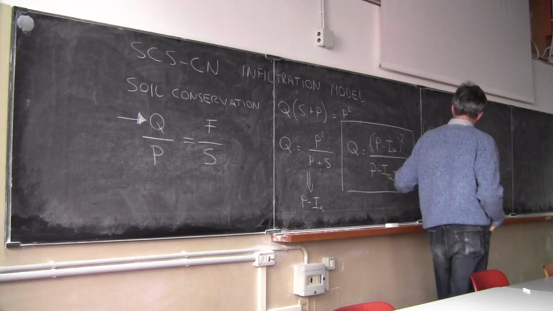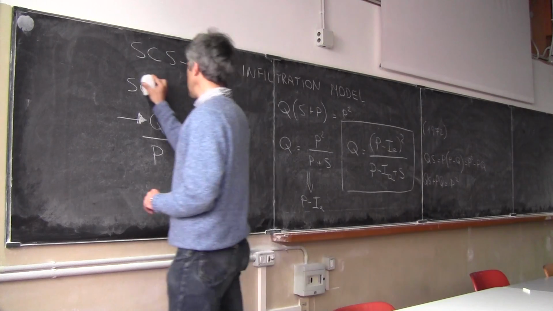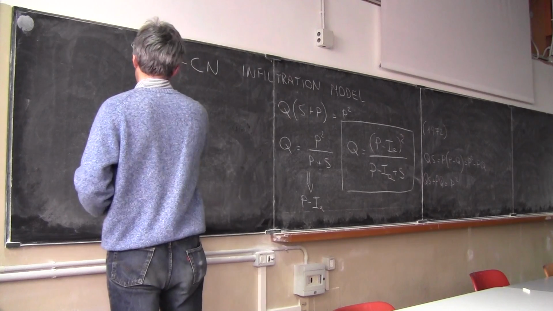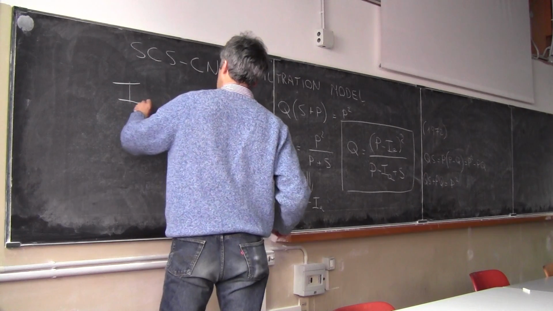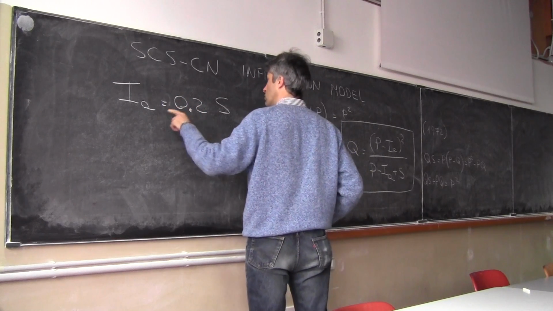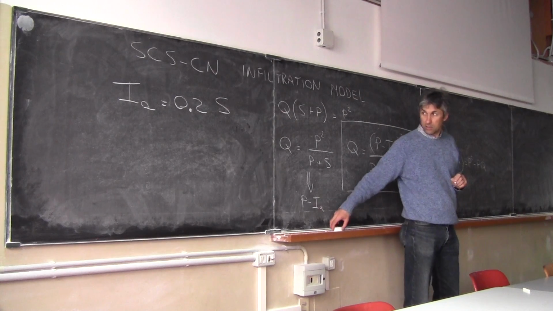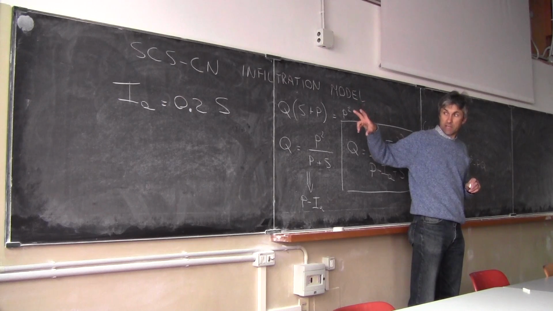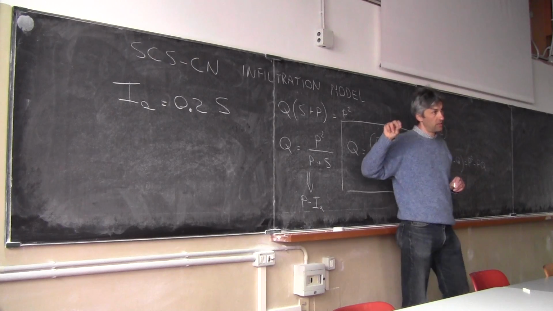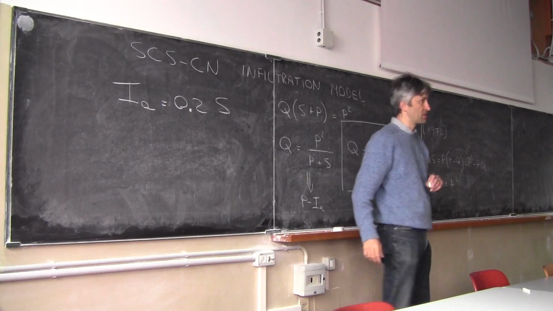Now, what is the value of IA? The method proposes a very simple approach to determine IA, which is equated to a fraction of S, and the original version proposes to use 20%, namely the original method assumes that 20% of the maximum soil water storage is the amount of the initial abstraction.